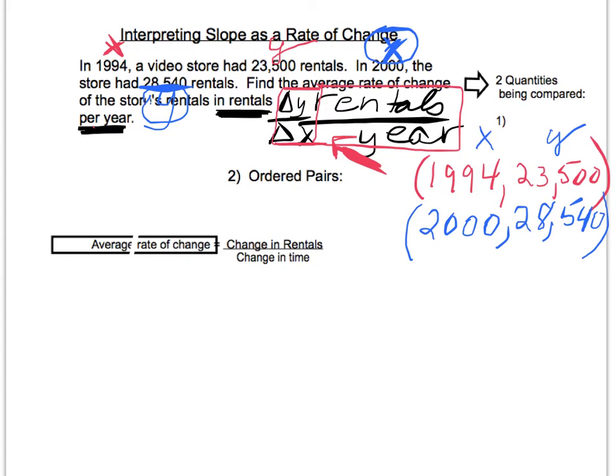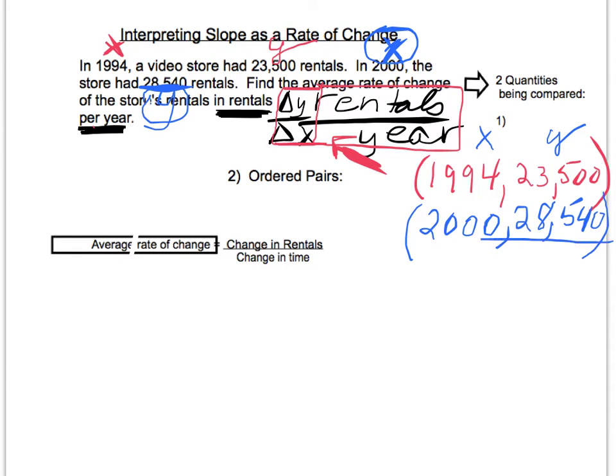I want you to write this other ordered pair on your paper just like I have. If you do not understand how I arrived at these ordered pairs, stop the video, rewind, and listen to it again. So now I have the ordered pairs for my data, and I proceed and calculate this rate or slope like I've been doing. So here we go.